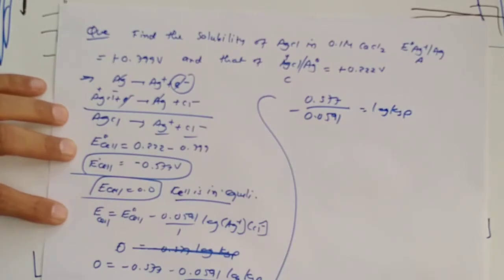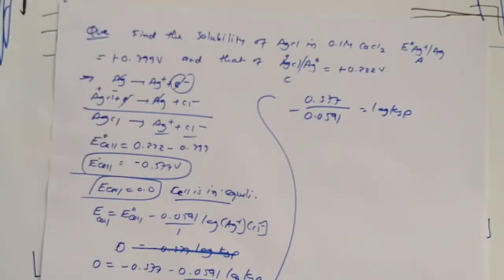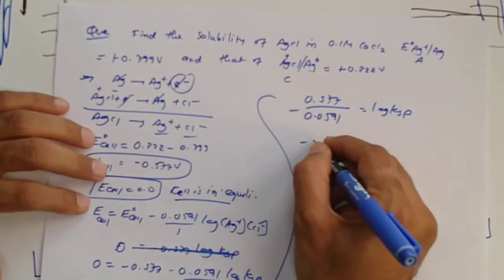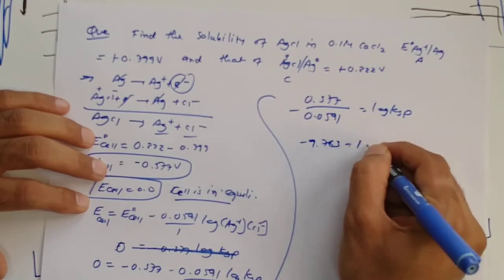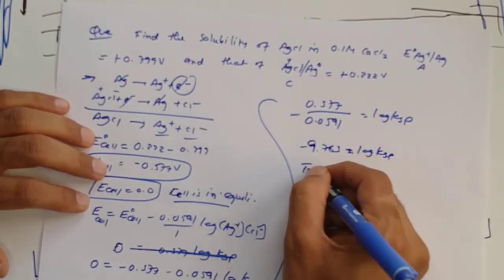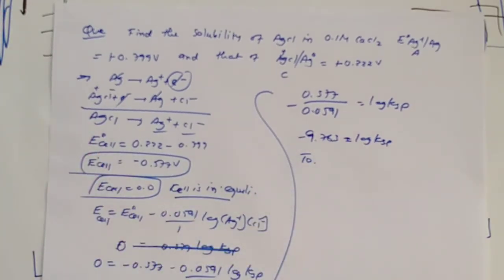Division gives minus 0.577 divided by 0.0591, which is 9.763. But antilog is not allowed for a minus value, so we are converting into bar. After the point, the digit should be subtracted from 1.